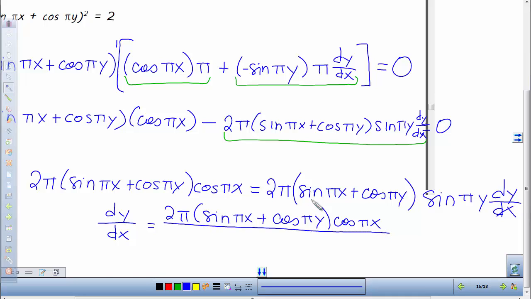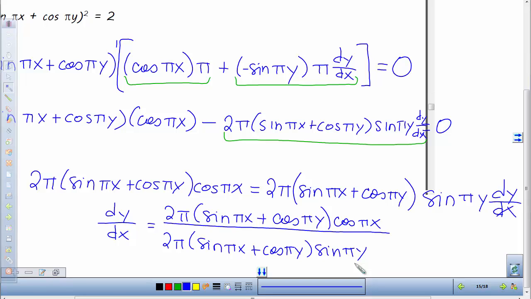Now we're dividing by this stuff. So 2 pi sine pi x plus cosine pi y times sine pi y.